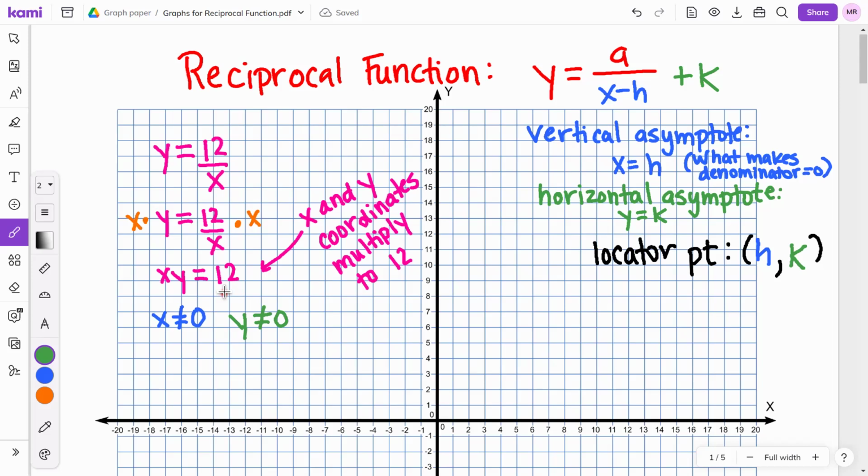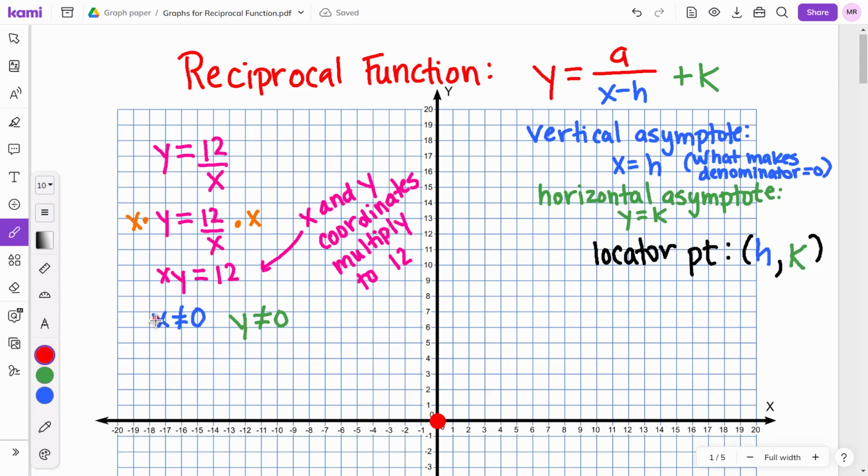Now, for this one, our locator point would be 0, 0. So let me just put a locator point in here. So at 0, 0 would be my locator point. That 0, 0 is going to be where my vertical and my horizontal asymptote intersect.